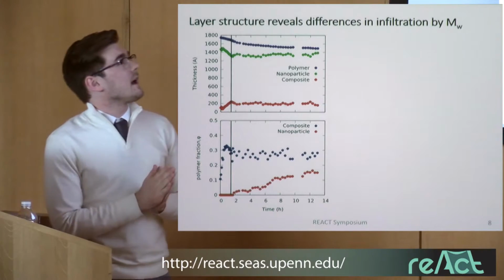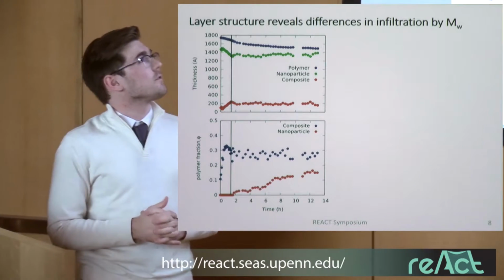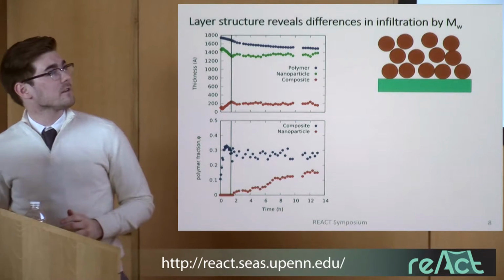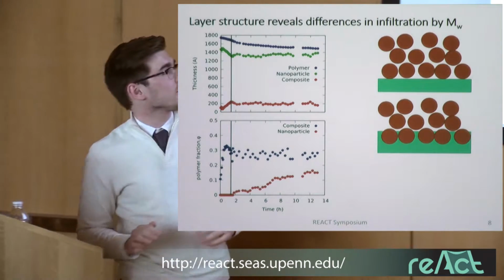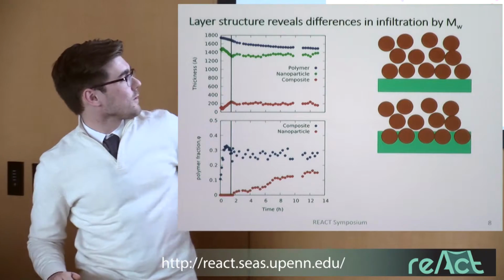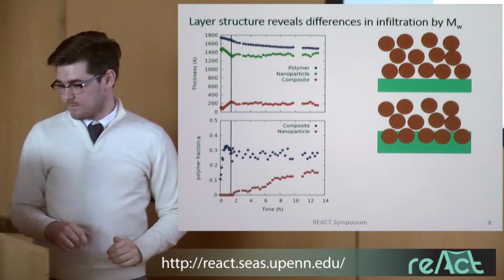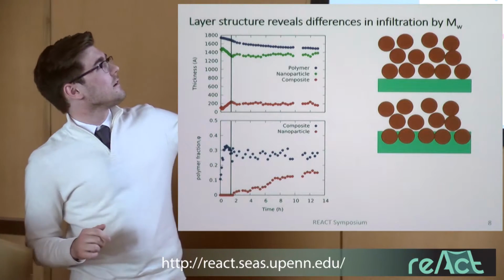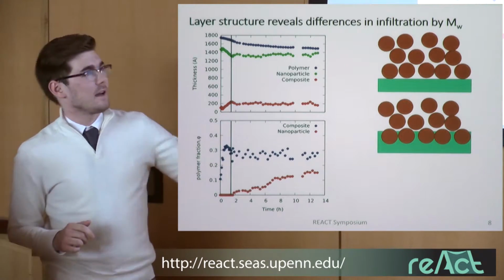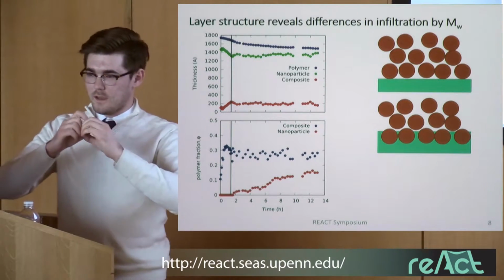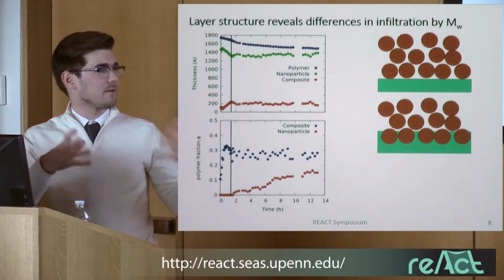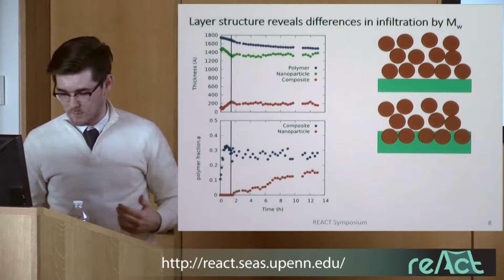Now if we look at the evolution of these samples over time, one very interesting thing that occurs is that in this first region, up until the black line, there is infiltration of a thin layer that I'm calling the composite, and it's about the thickness of a nanoparticle. What that seems to show is that there is a full infiltration in this first layer of nanoparticles.